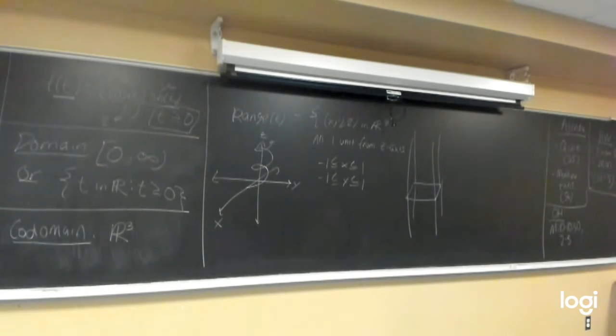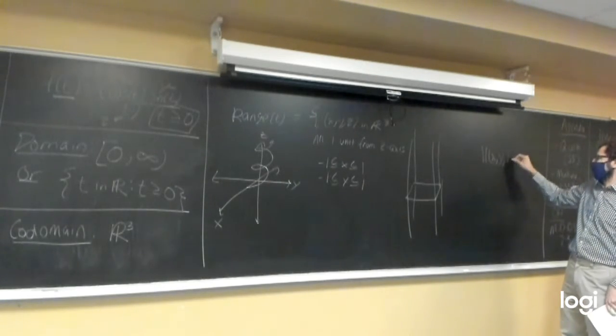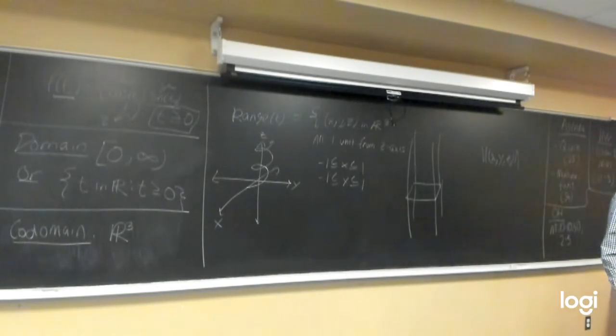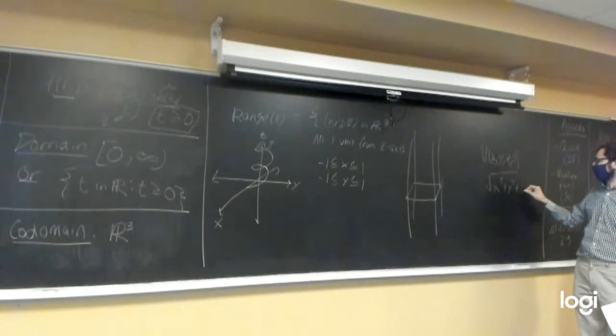What do you mean by the distance based on z? Like, whatever z value you have, I mean, you could certainly say something like this. Do you mean a function that measures distance from the z-axis? From the origin? Sure.